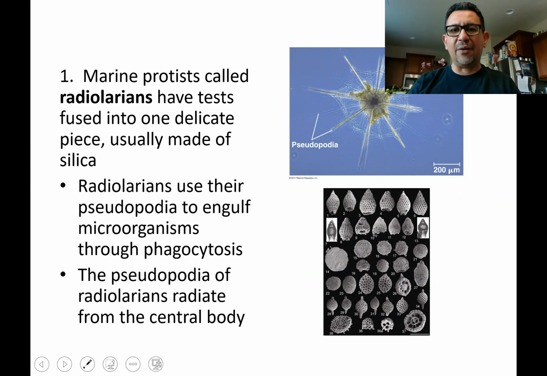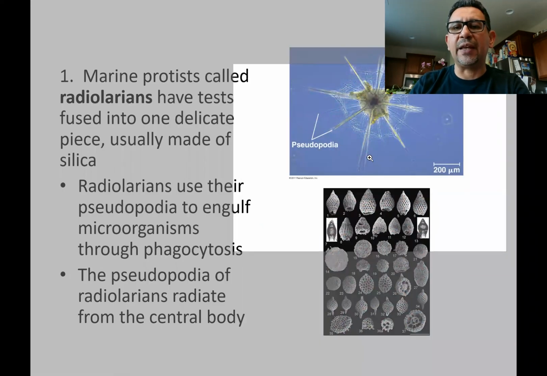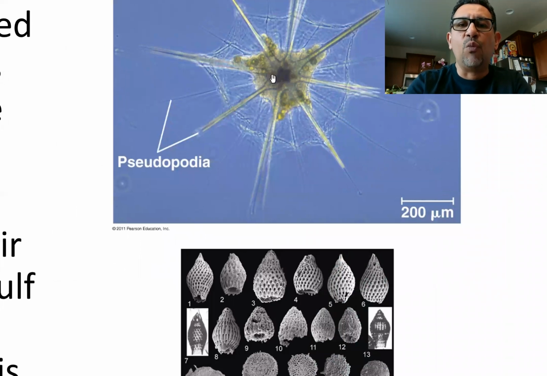These are by far my favorite single-celled protists because of the intricate and beautiful details in the tests that they produce. I'm going to do this enlargement again so you can see one of those Radiolarians, and you can see the ray-like, thin, slender, long pseudopodia.